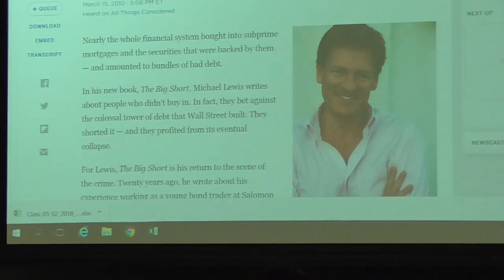So that word short means basically betting against it. When you say, I'm shorting a stock, I think it means something like, I'm selling it short, I forget. Anyway, it kind of means you're selling it before you own it.